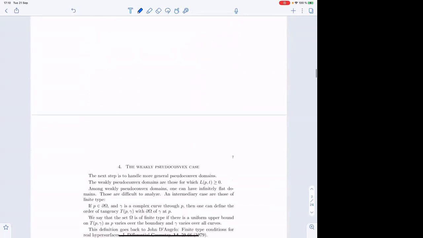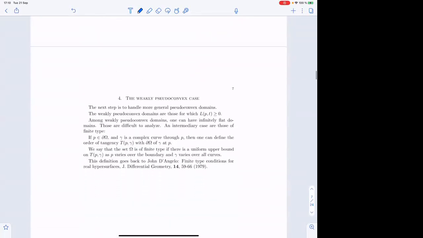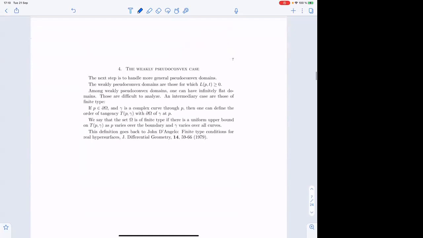Okay. And now the weakly pseudoconvex case. How to handle the more general weakly pseudoconvex case. So the weakly pseudoconvex domains are those for which the Levi form is non-negative. It can be 0 in some directions. And among weakly pseudoconvex domains, you have the infinitely flat ones.